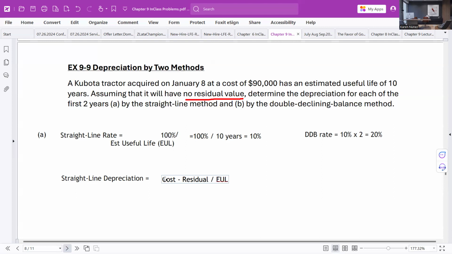That's how we get the straight line depreciation. Cost minus residual over the estimated useful life. So again, the asset costs $90,000. There's no residual, right? So minus 0. And then we want to divide by the estimated useful life, in this case of 10 years. Take that $90,000 and divide by 10 years. That's what we've done here.